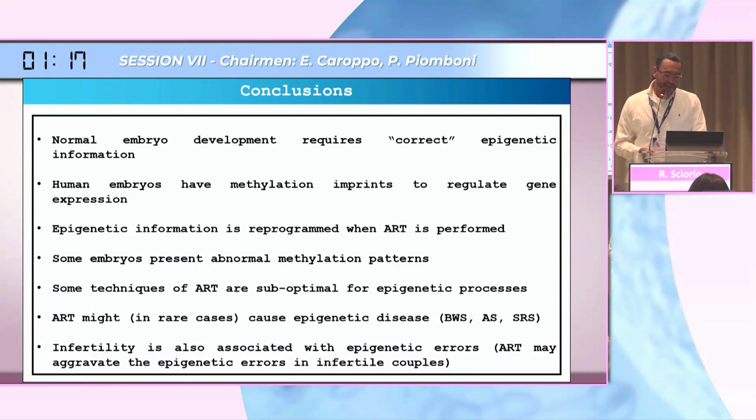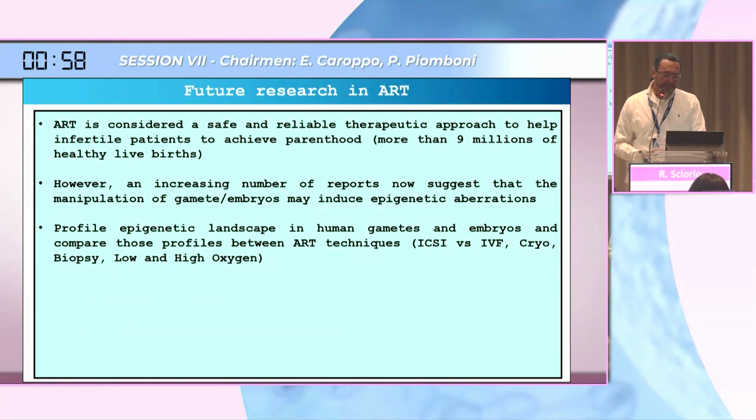ART is a very delicate time when we grow embryos in vitro, and it can be associated with some alteration in methylation and a small increase in association with epigenetic disease. Of course, ART is considered safe. There are more than 9 million babies born with this technique.